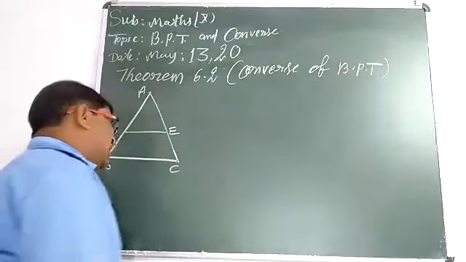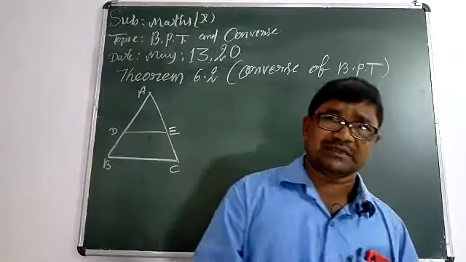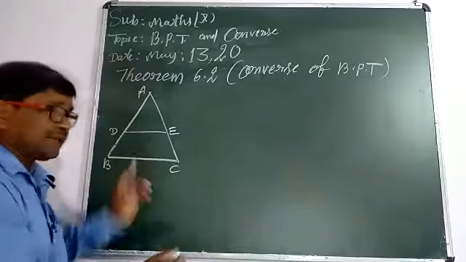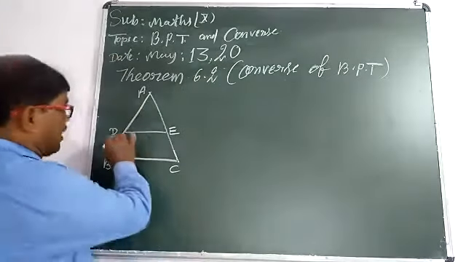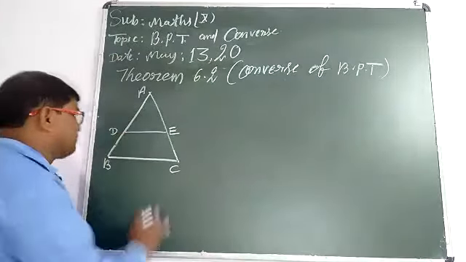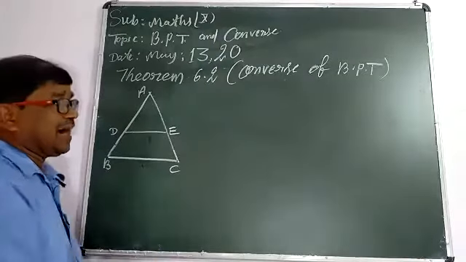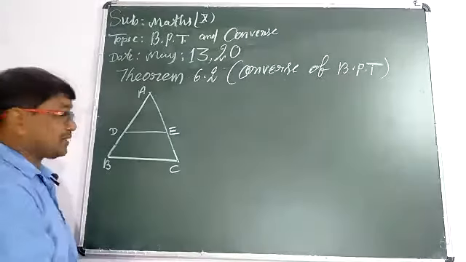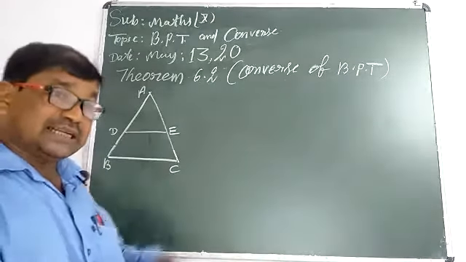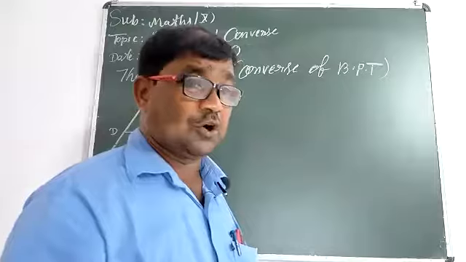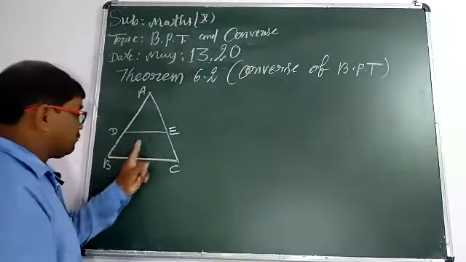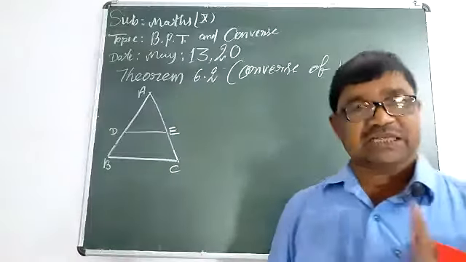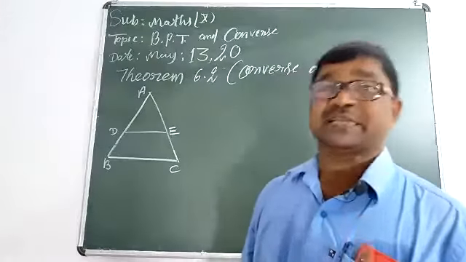Why is this the converse of BPT? Because in BPT, a line is drawn parallel to one side, intersecting the other sides in equal ratio. The converse is the line drawn intersecting two sides in the same ratio, then prove that this line is parallel to the third side.